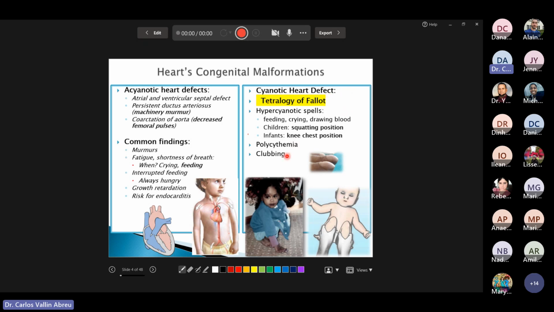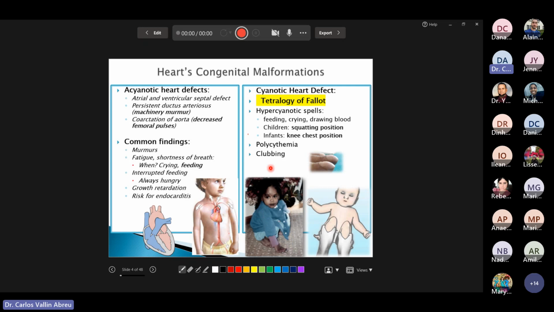But what is important to know is that blue blood, I mean, non-oxygenated blood, is going to mix with the oxygenated blood in the left ventricle that is pumped to all the body. For that reason, those babies, since they are born, will have purple mucosa, purple lips, purple tongue, purple mouth mucosa, purple nails, a central cyanosis.